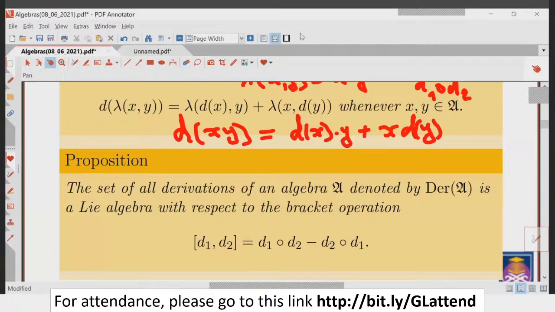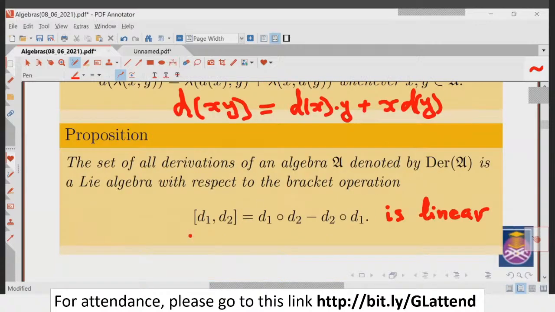This is a linear function, first of all, from A to A. But the proposition says it is not only a linear function from A to A. It is a derivation.